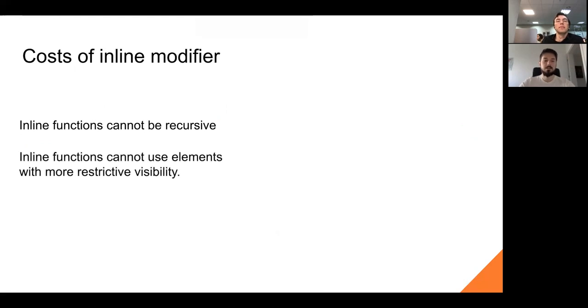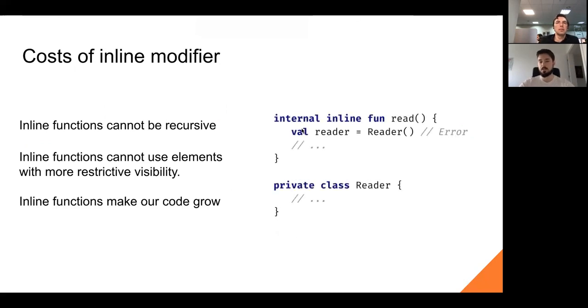Second is that we cannot use elements with more restrictive visibility, which is presented here. Here we have a function using reader, but it cannot be used because reader is private, so we cannot inline it because who knows where this read function will be used. And the third one is that our code grows when we use the inline modifier.